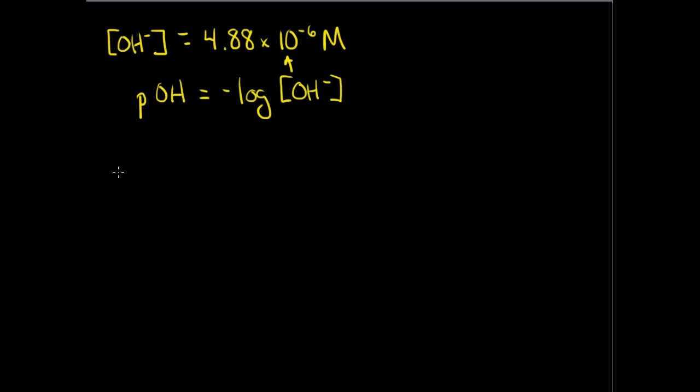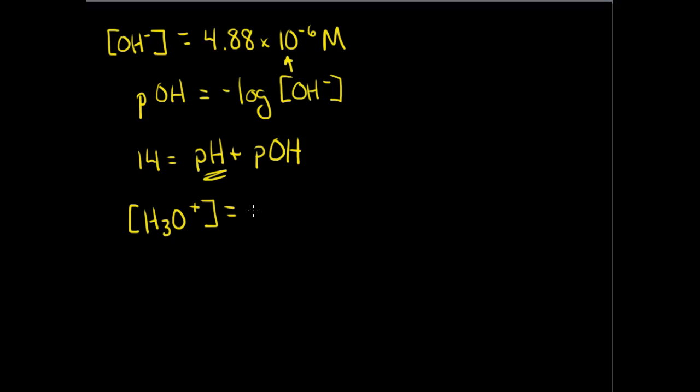Once I get my pOH, of course, 14 equals my pH plus my pOH. So that'll give me my pH. Once I have my pH, I want to figure out my hydronium ion concentration, and that equals the antilog of my negative pH. And then if we want to know acid or base, again, we go right back to pH.